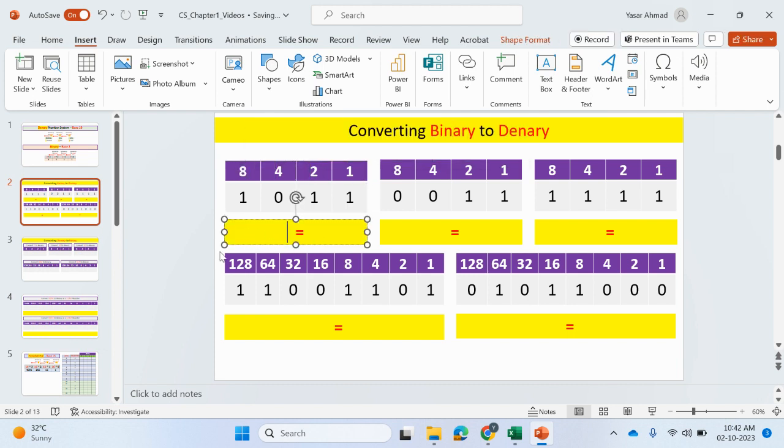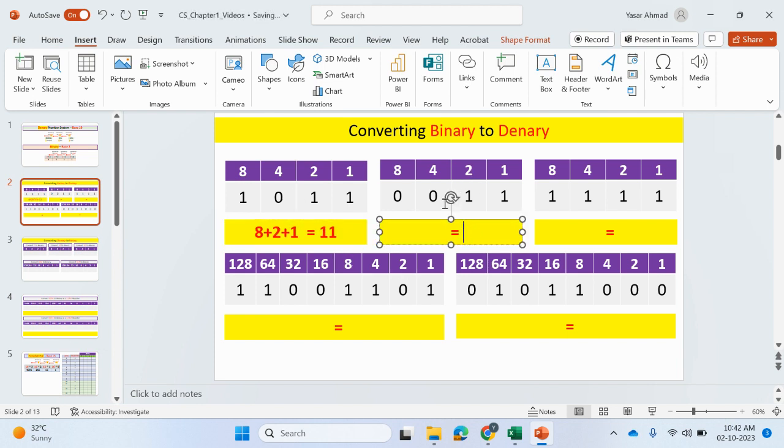We have a 1 underneath the 8, so I'm going to put 8 plus, we're not going to add 4 because there's only a 0. We move on to the next column. We have 1 again, so we add 2. And we also have another 1, so we add this 1 here as well. So 8 plus 2 plus 1 equals 11.